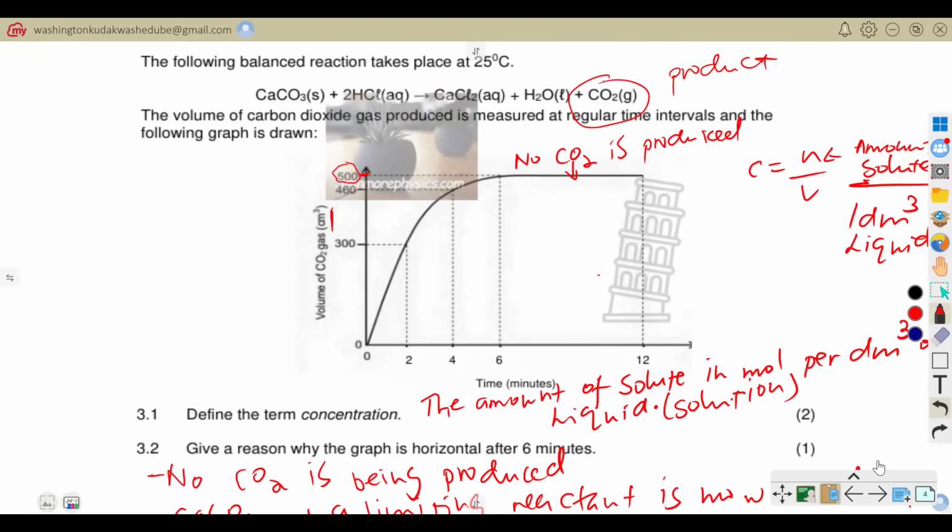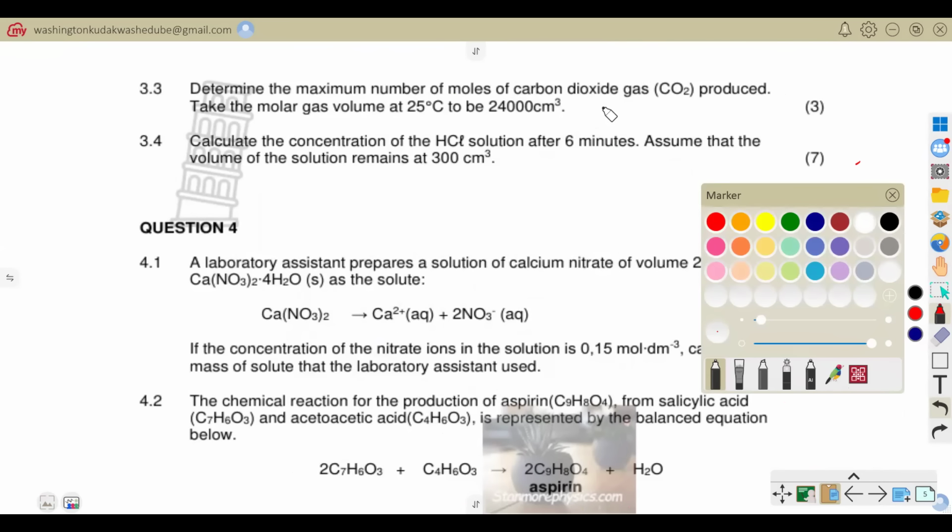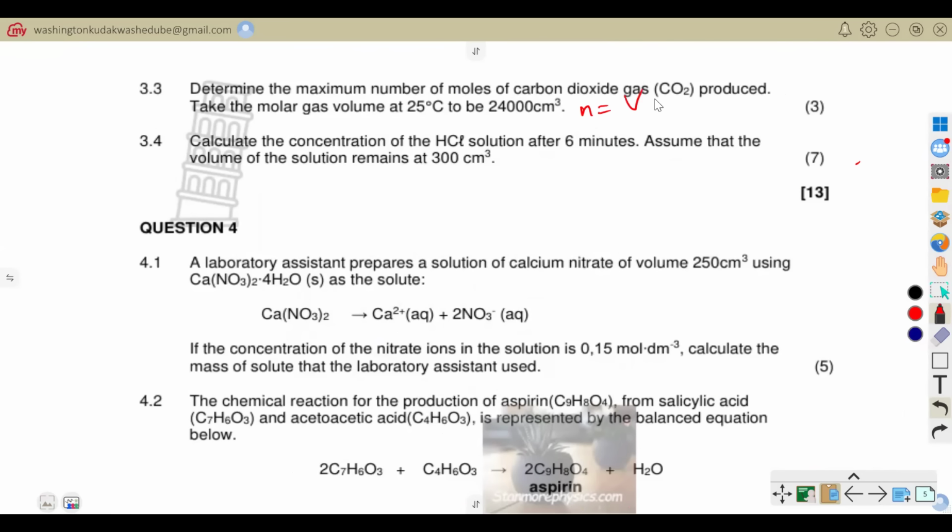All we need to do is to find the number of moles. So the number of moles is equal to the volume of carbon dioxide produced over the molar volume at 25 degrees Celsius. So we say 500 cubic centimeters divided by 24,000 cubic centimeters. Mind you, I'm using the same units, that's why I did not bother to change this into decimeter cubed.